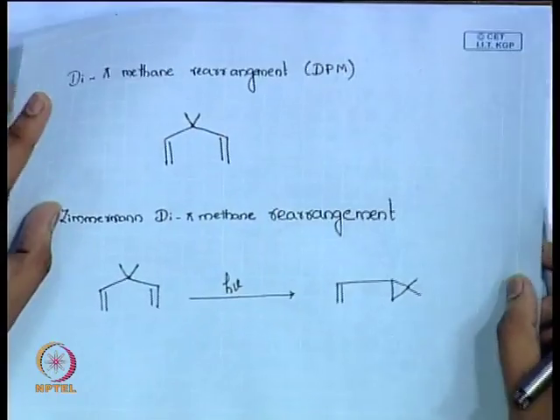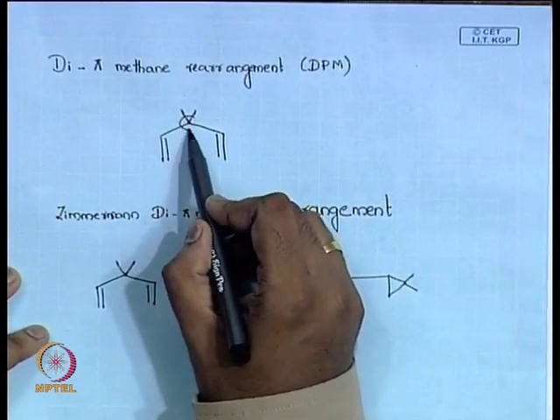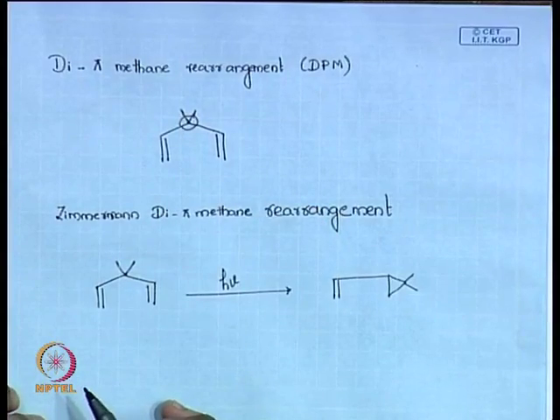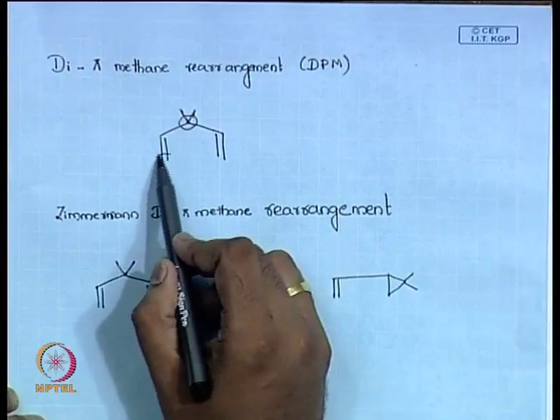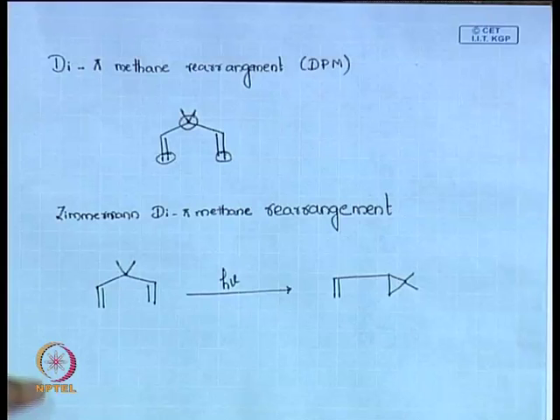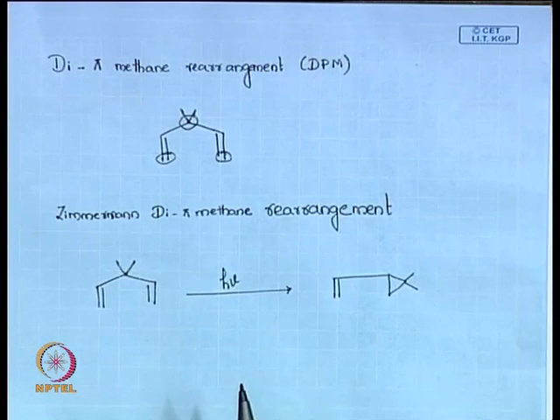This di-pi-methane rearrangement, most of the time you can say, is substrate controlled, particularly the substituent at the central carbon and the substituent at the vinylic carbon. They have a lot of control across your di-pi-methane rearrangement.